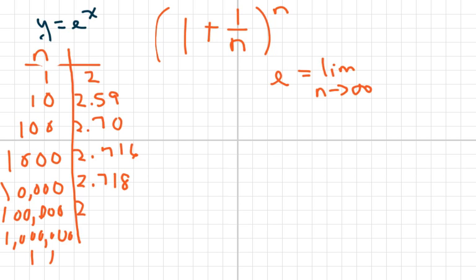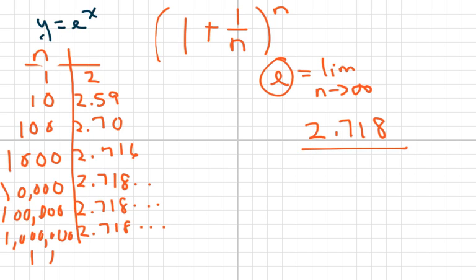And basically you get kind of the same thing here with a bunch of digits after this. So basically, if you think about e as being 2.718, when you're graphing y equals e to the x, you're really graphing y equals approximately 2.718 to the x.